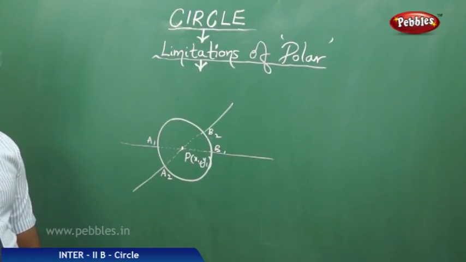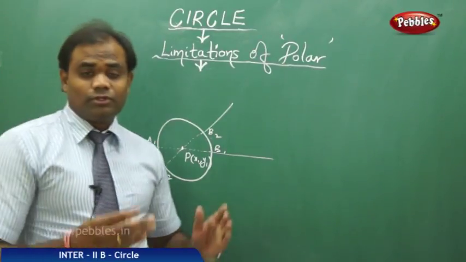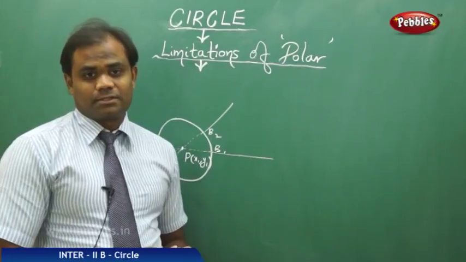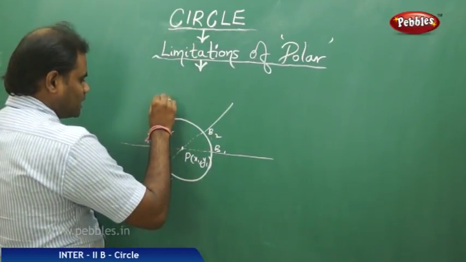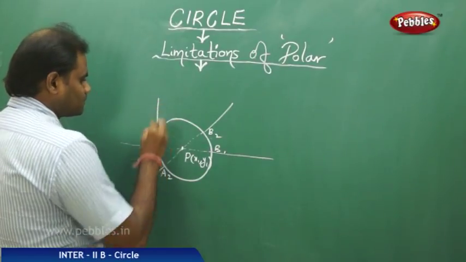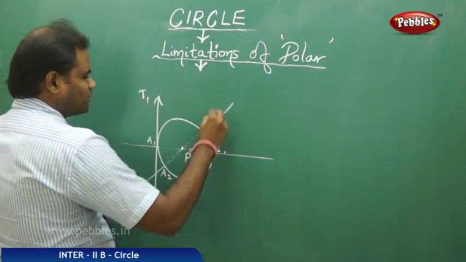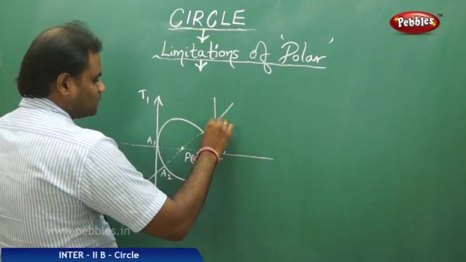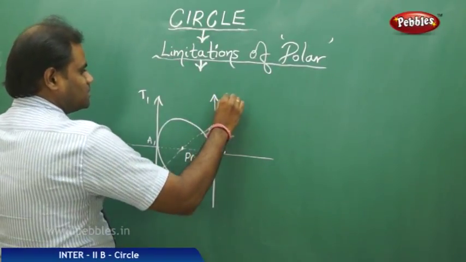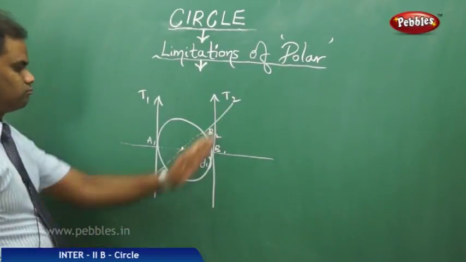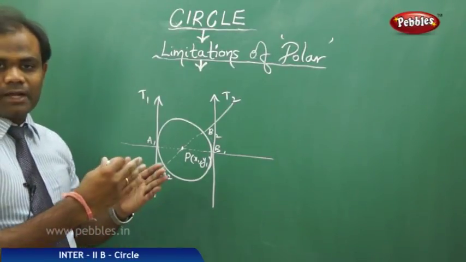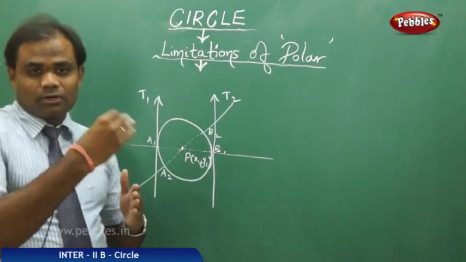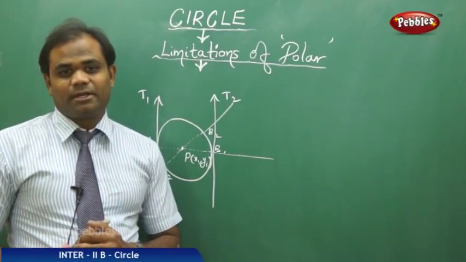In this case, we get the polar when we join the pairs of tangents. That is, if I draw a tangent at A1, say T1, and a tangent at B1, say T2, then the polar is obtained as the locus of all the points of intersection of the pairs of tangents.